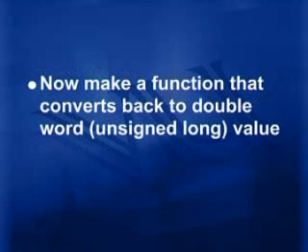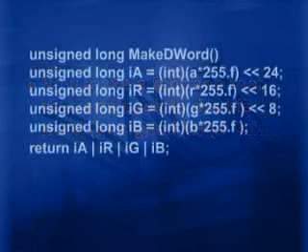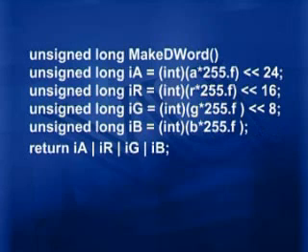And now we make a function that converts back to double word unsigned long value, and for that we'll be using unsigned long make double word function, and that would be doing what? Unsigned long ia is equal to integer typecasted value of a multiplied by 255 float, this time shifted by 24 bits. Then unsigned long ir, please note that we have started with a, the alpha channel, and now we are moving on to the red component, then on to green, and then on to blue.